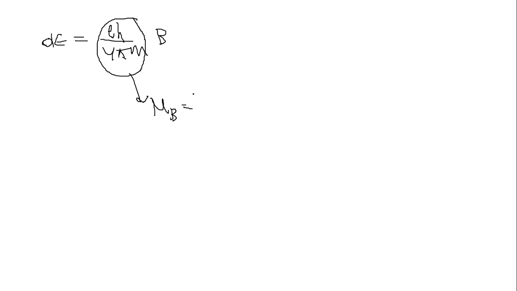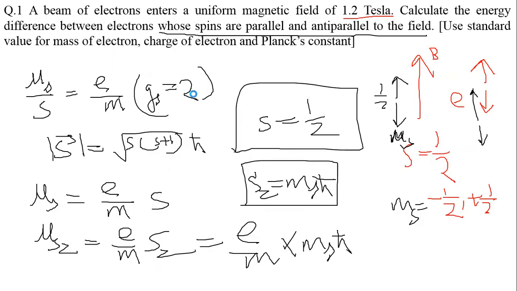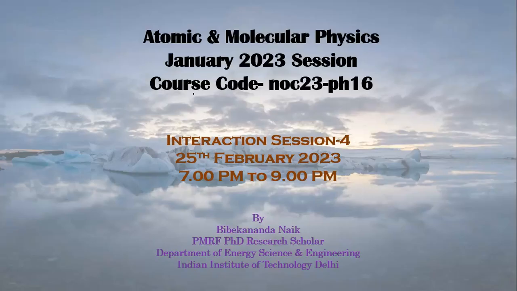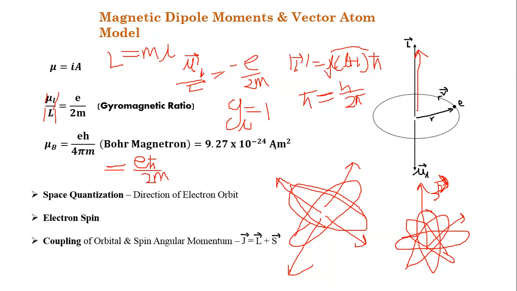What is the unit of the Bohr magneton? What we discussed in the first slide, here the unit was ampere meter square.